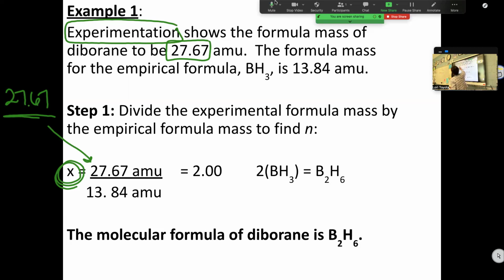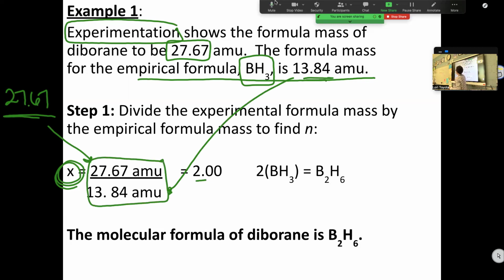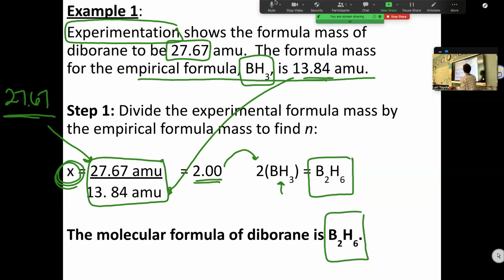The formula mass of the empirical formula, 1 boron plus 3 hydrogens, is this much. So that's this number. This whole ratio is 2. That means I take my empirical formula and scale up by a factor of 2, and my actual molecular formula is B2H6.